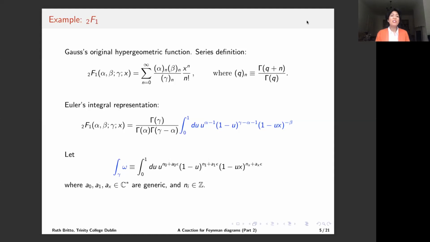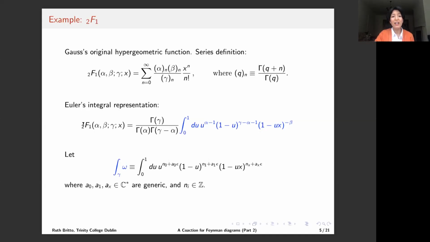So let's take a close look at the classic hypergeometric function, Gauss's hypergeometric function. It's called hypergeometric because it's a generalization of the geometric series where these coefficients involve Pochhammer symbols. Now we tend to look at it from the point of view of integral representations.